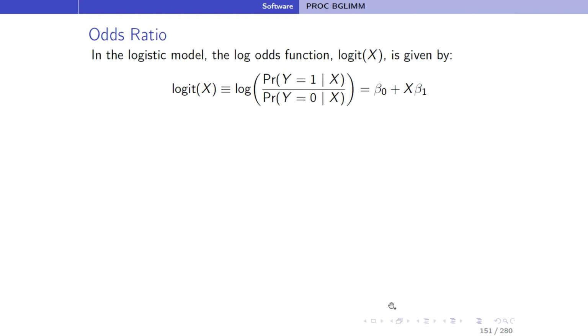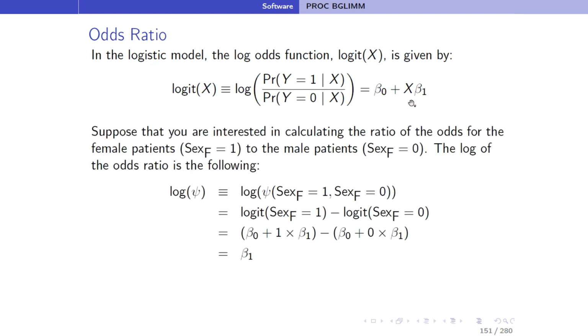In a logistic regression, you can compute the log odds ratio. This log odds is just the logit of the ratio between y equal to 1 and y equal to 0 given x. The log of this is just the linear regression term. Suppose you are interested in calculating the ratio of odds for the female population to the male population.